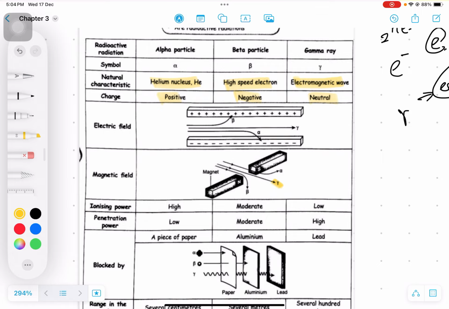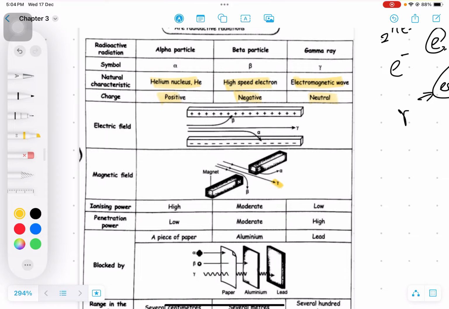We already studied the left hand rule, which means that if there's a moving charge in a magnetic field, it will induce an action. By using the left hand rule, you can understand that the alpha is moving up, and the beta is going the other side.